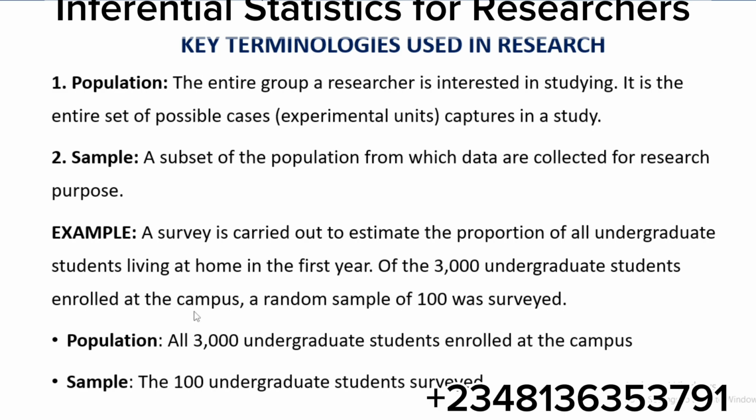So in this example, all these 3,000 undergraduate students enrolled at the campus will be our population. Why? Because that is the entire group the researcher is interested in studying. Now, because of some constraints, we could not reach all of them, so we choose to sample just 100 undergraduate students. So these 100 undergraduate students from which we gather our data for the purpose of research is the sample. In other words, we have a sample of 100 and the population is 3,000.